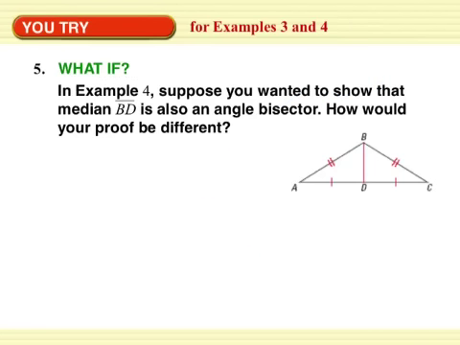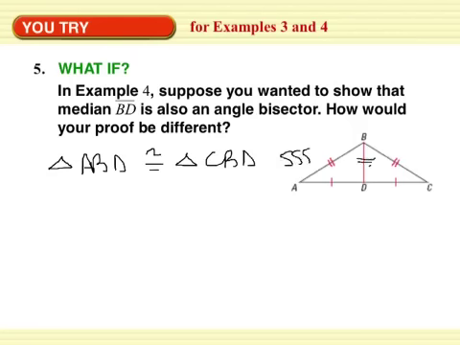Okay? Another you try. What if, in example 4, suppose you wanted to show that median BD is also an angle bisector. How would your proof be different? I'll talk through this one with you. We did prove that triangle ABD is congruent to triangle CBD because of side-side-side.